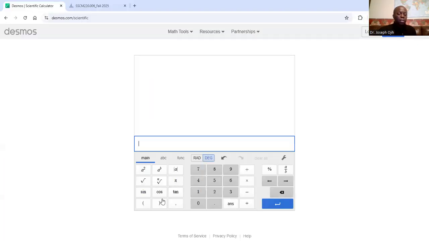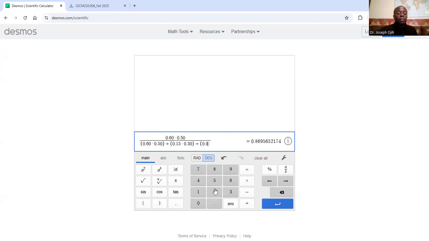So we have 0.60 times 0.50 over 0.60 times 0.50 plus 0.15 times 0.30 plus 0.05 times 0.20.